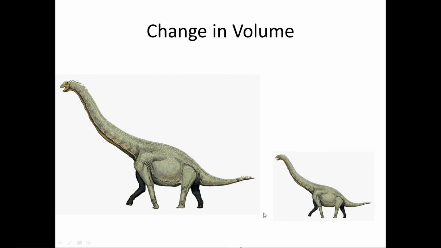Rather, the body shrinks. So only the change in the dimension, or change in the volume, will take place. The shape will remain the same, but the body becomes less in volume. It shrinks.